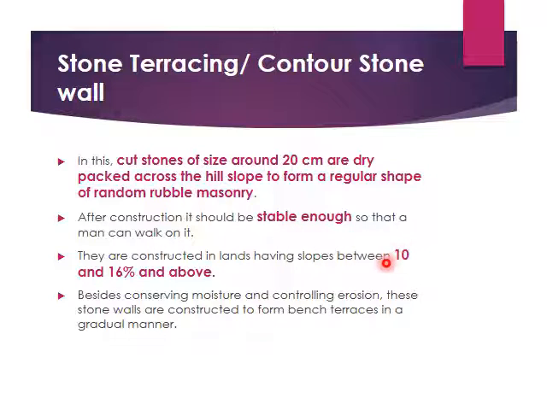It is suitable for 10 to 16 percent slopes. It conserves moisture as well as controls erosion. It also gives support to form bench terraces, as stone walls are constructed to form bench terraces also.